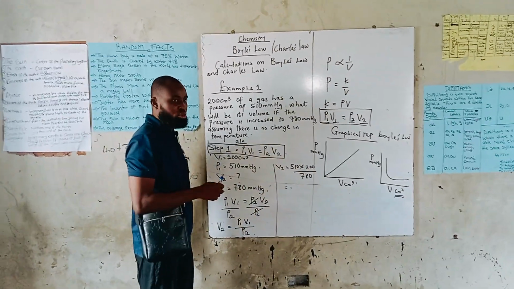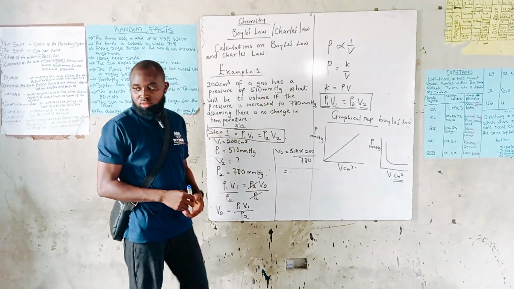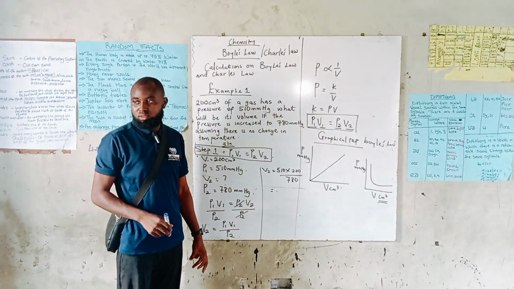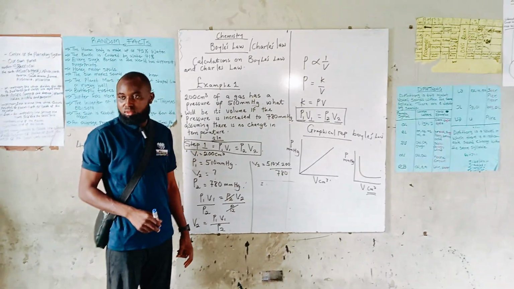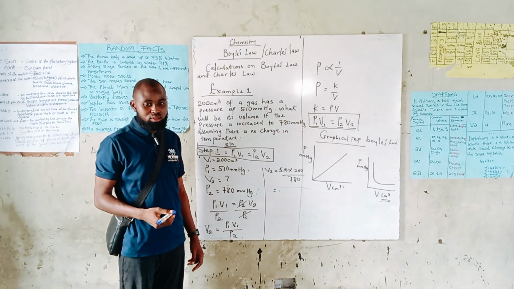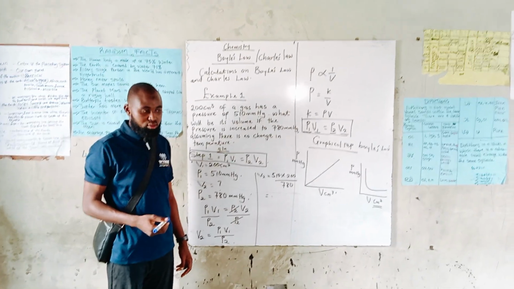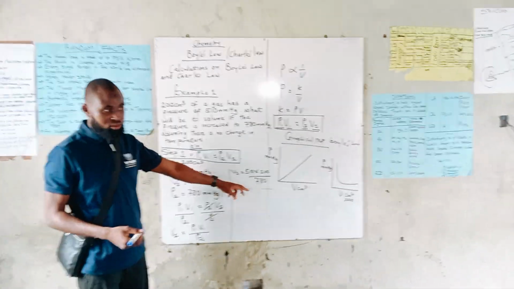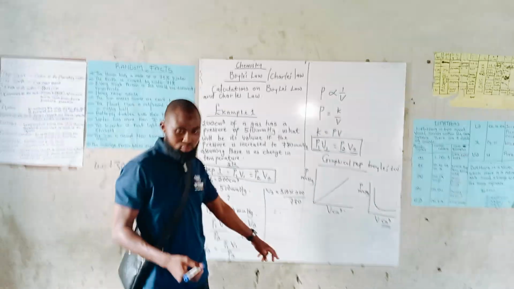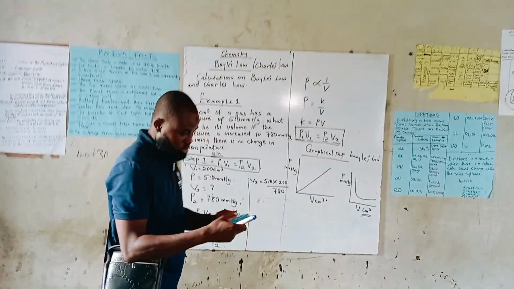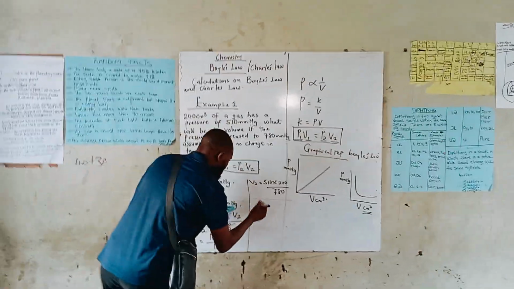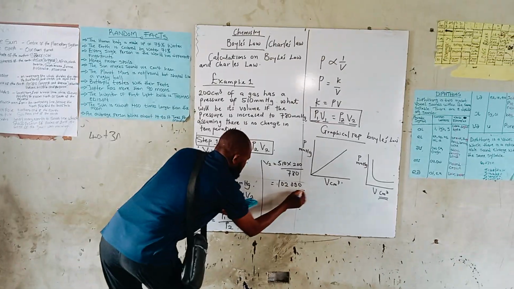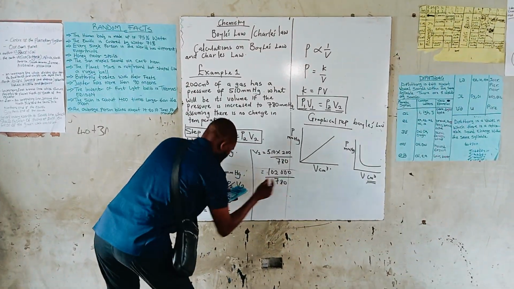Somebody should do that for me. 510 times 200, that is equal to 102,000, over 780.